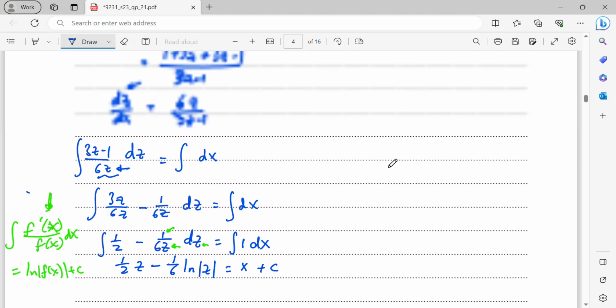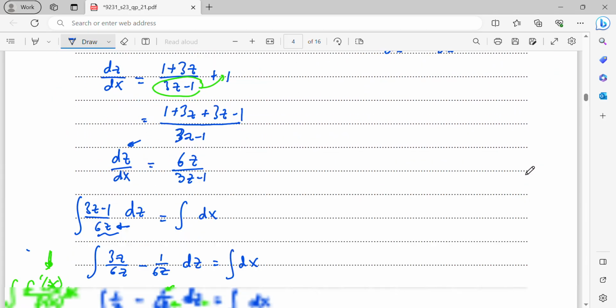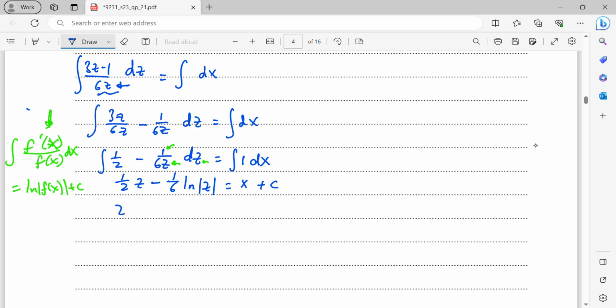Once you get this, remember, you are given the limits: x is 1, y is 0. So now I will change back, my z is x plus y. Therefore, I will get 1 over 2 bracket x plus y minus 1 over 6 ln.